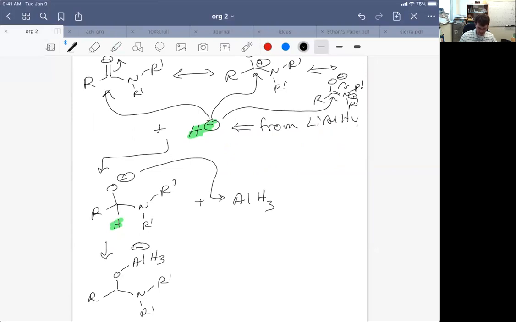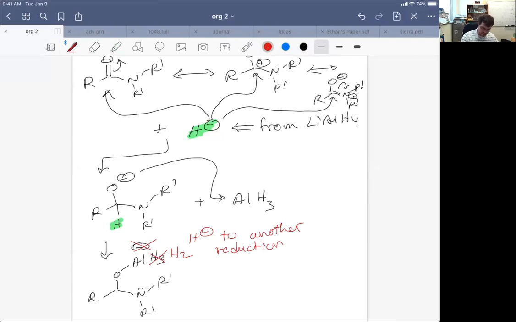Now this intermediate, while it's negative on the aluminum, is not very stable. What will likely happen is an H minus could be lost to another reduction reaction. I'm just going to do this. Okay, so we're at H2 and then we're neutral.